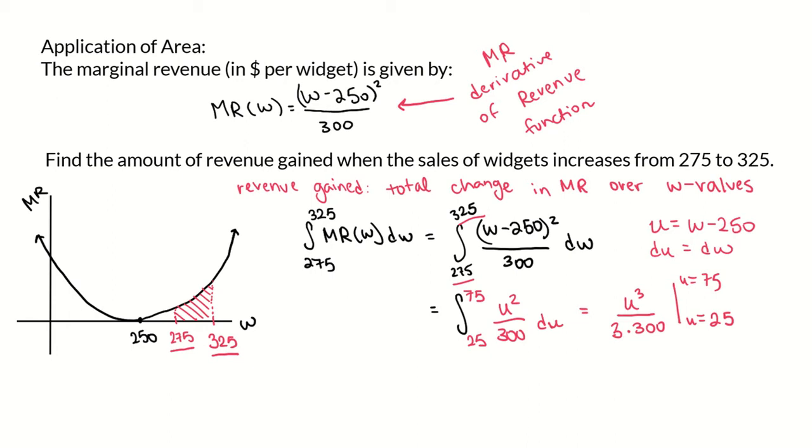And when we evaluate here, we get 75 cubed over 3 times 300, which is 900, minus 25 cubed over 900. And this we can evaluate as an approximation. We don't get an exact answer, so I'm going to write approximately $451 and 39 cents.